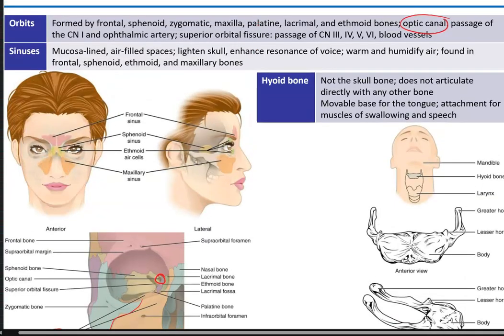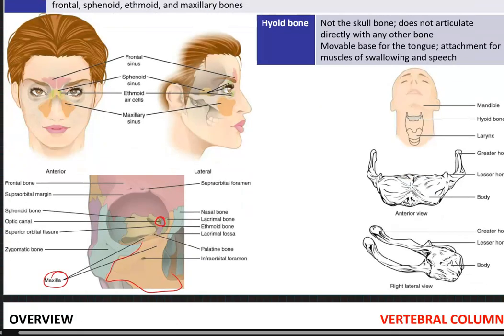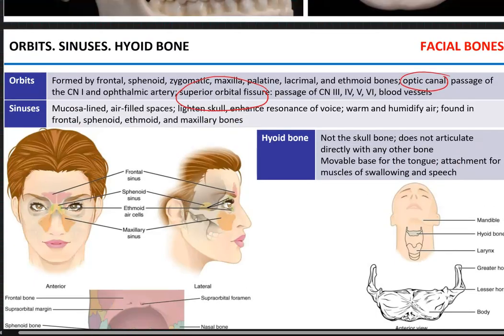And then there's a superior orbital fissure. It's a pretty large opening, a site of passage for a whole bunch of cranial nerves, such as oculomotor, trochlear, trigeminal, and abducens nerve.